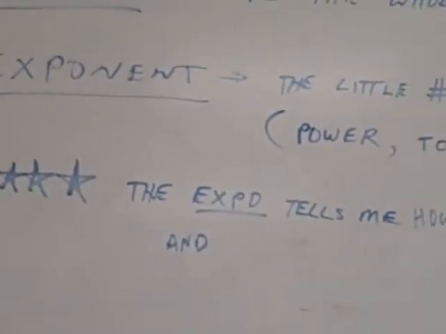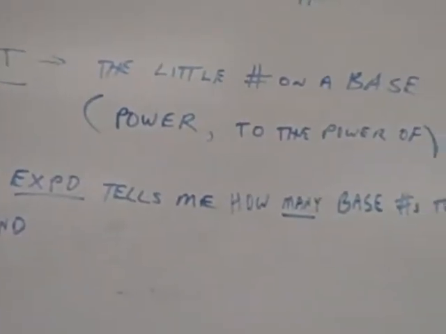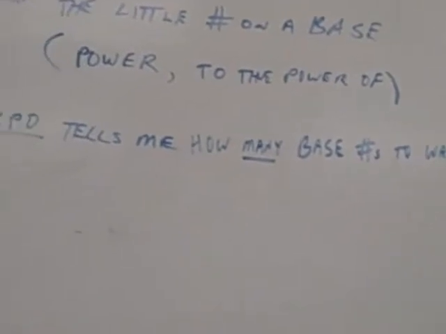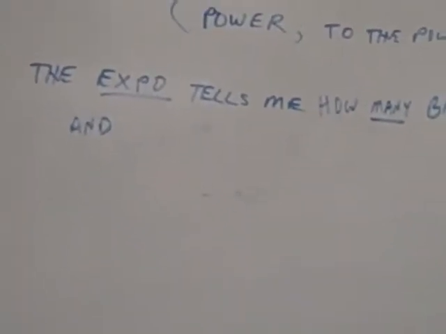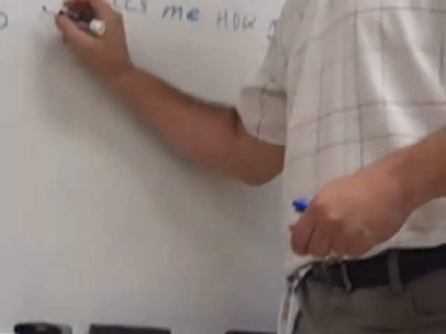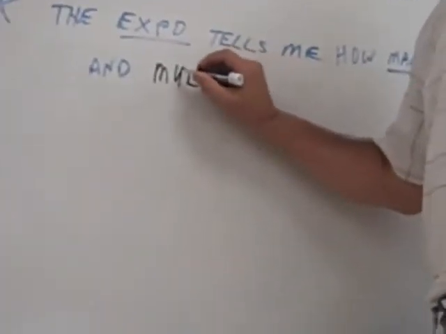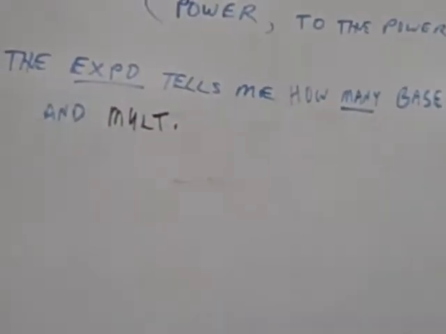Finish the sentence. The exponent tells me how many base numbers to write down and multiply. That's my abbreviation for multiply.